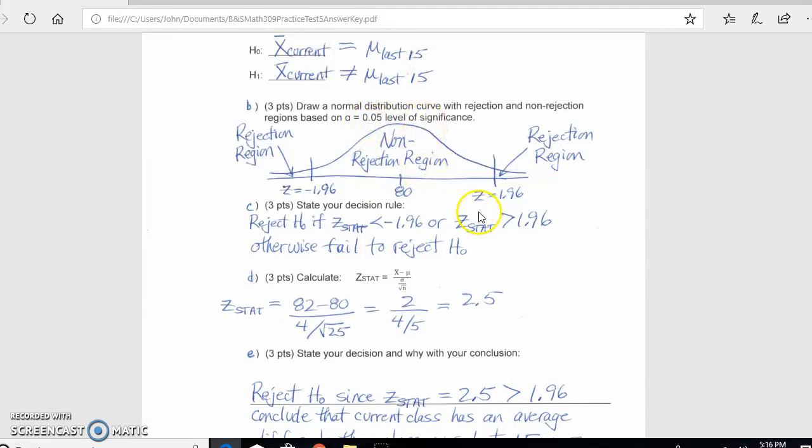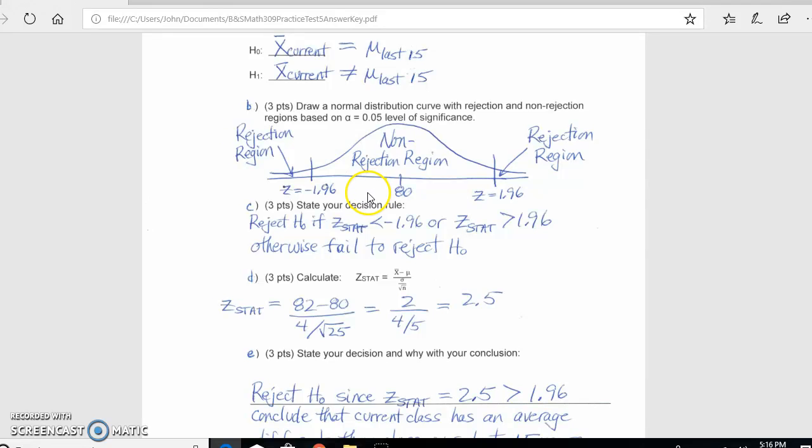At this level of significance, the z-scores, as we've seen a number of times before, are z equal to 1.96 on this side of the mean, and then minus 1.96 on the left-hand side of the mean.